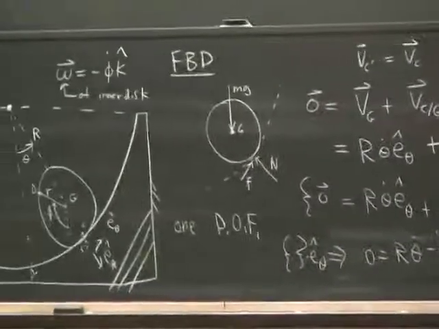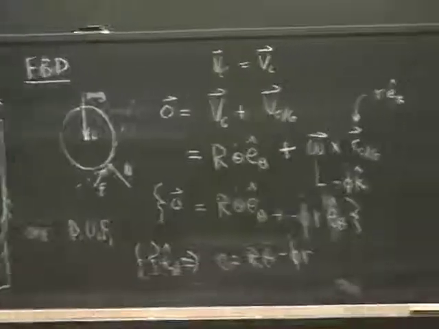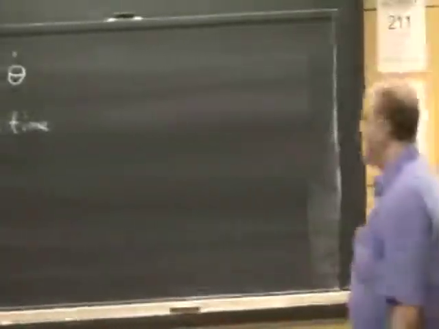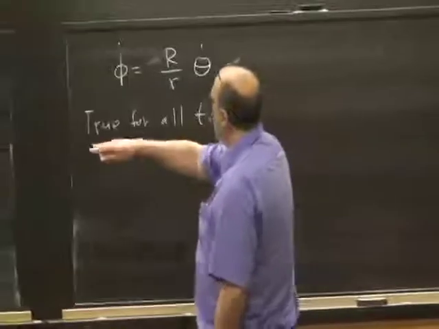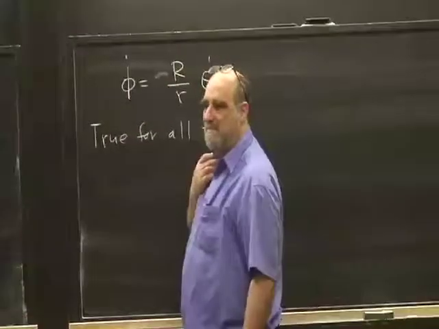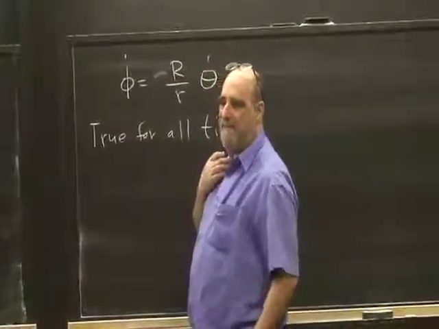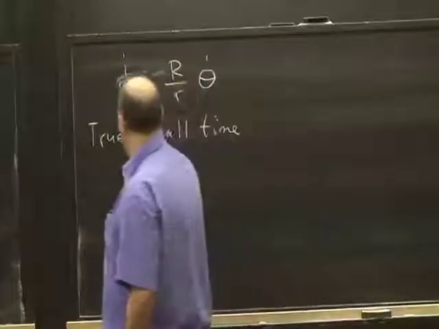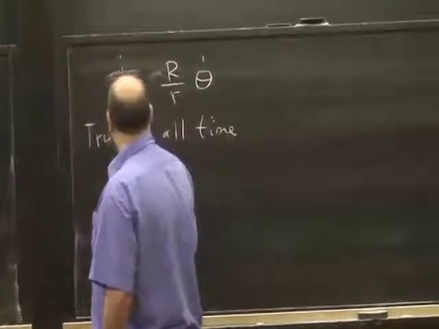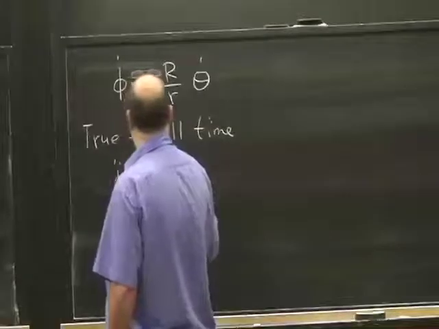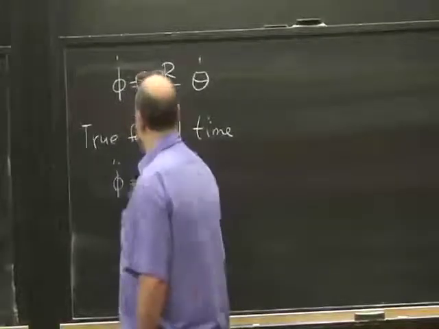This is true for all time because we can invent points C and C prime at any instant in time. So even though the points C are changing, this equation is still true. We can derive this again and again at every configuration. Therefore, we can take the derivative, and we can write phi double dot is equal to R over R theta double dot.